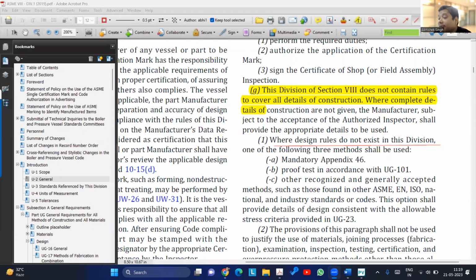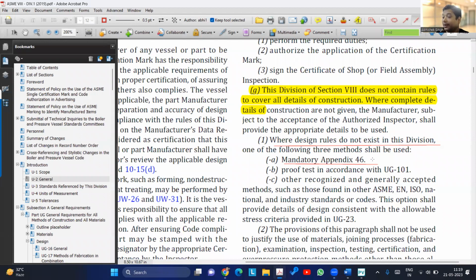What allowable stress do I use when jumping to Division 2 from Division 1 for the part where I don't have a design rule? It should not be Division 2, but Division 1 stresses, because the code is Division 1. So if you refer to Mandatory Appendix 4, you will see lots of rules on how you can use this.